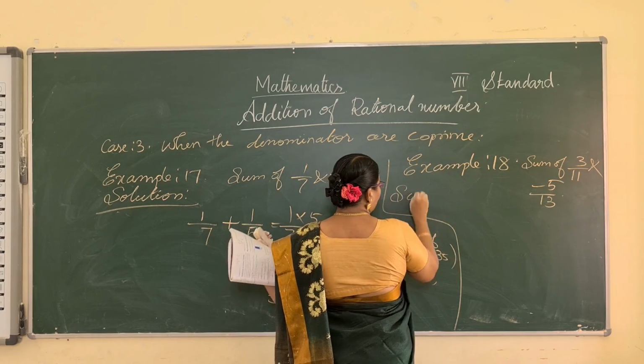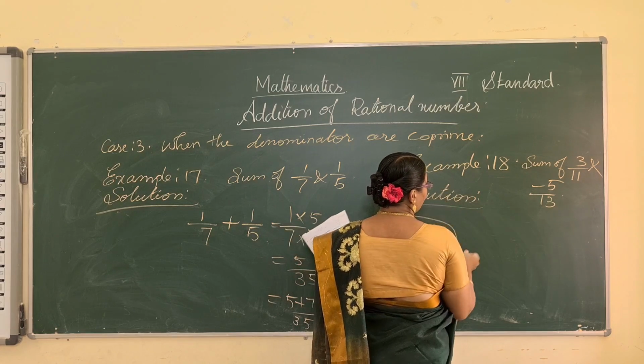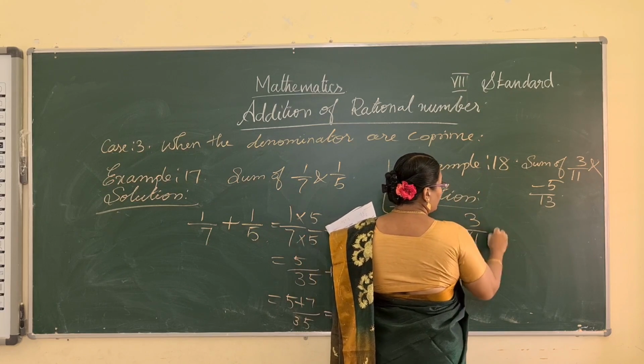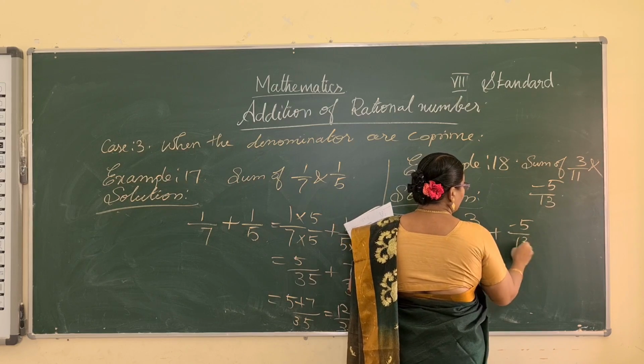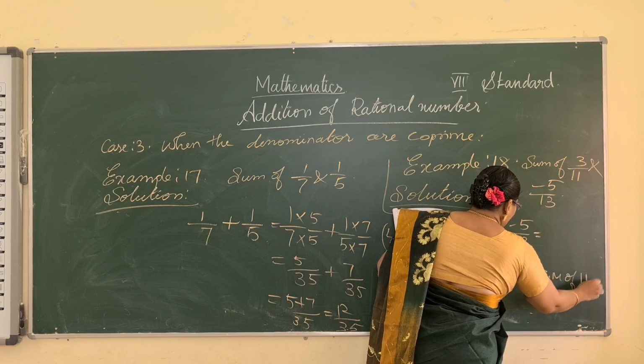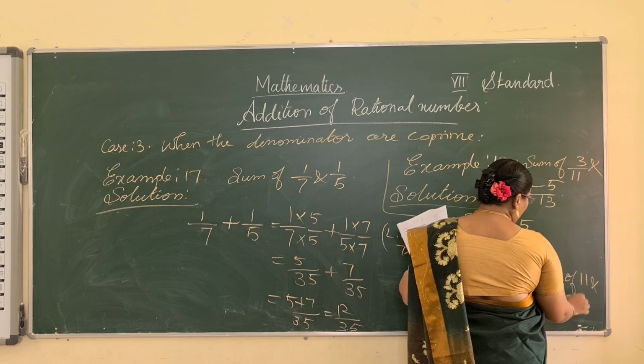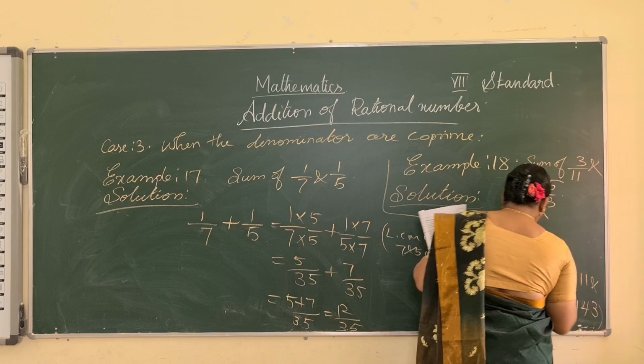Solution: 3/11 plus minus 5/13 is equal to the LCM of 11 and 13, which is 143.